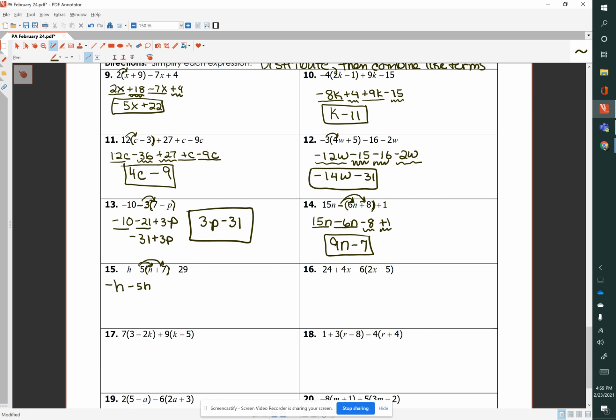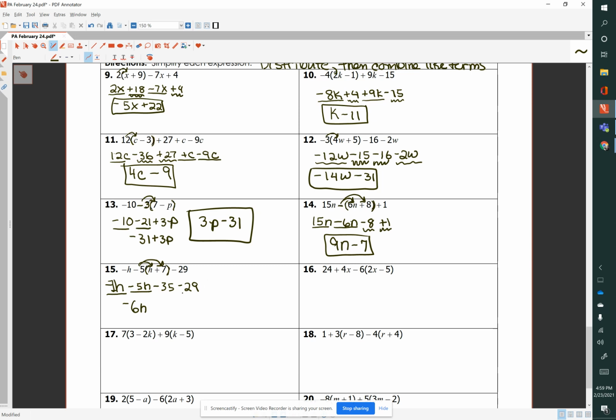Negative 5 times positive 7 is negative 35, minus 29. So we'll combine negative h with negative 5h, with the invisible 1 there. That would be negative 6h, and then negative 35 minus 29.